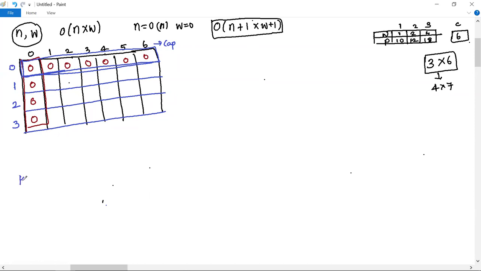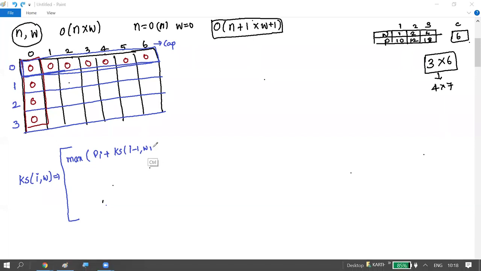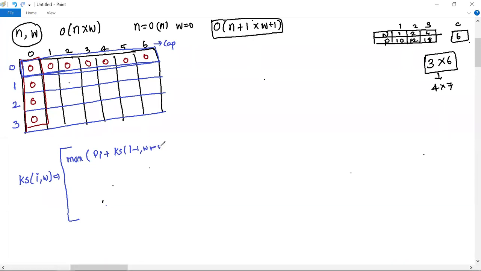I'll keep my expression handy so that we know the things. What are the conditions we have here? Max of profit I plus knapsack of I minus 1 comma w minus wi, comma knapsack of I minus 1 comma w, when wi is less than or equal to w. The first one is 0 when either I is equal to 0 or w is equal to 0.